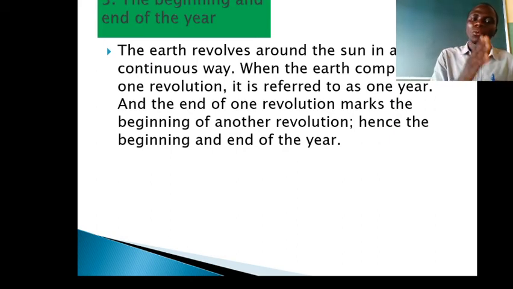So, counting years depends on the number of tours the Earth makes around the sun.